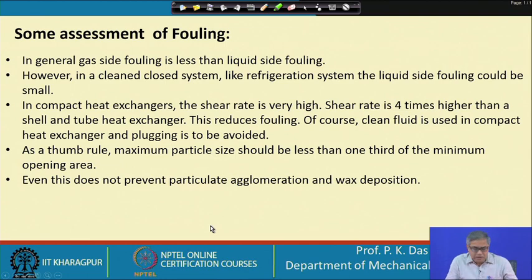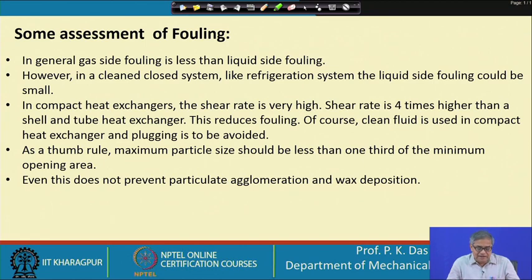Again we are assessing fouling. In general, gas side fouling is less than liquid side fouling. This is what we have shown by calculation also. However, in a very clean closed system like a refrigeration system, where the refrigerant is circulating through a closed system and there are filters, the liquid side fouling could be small.